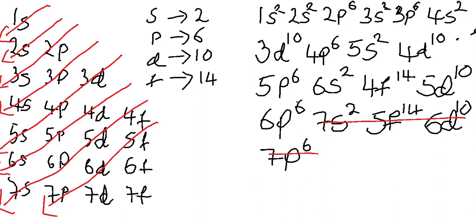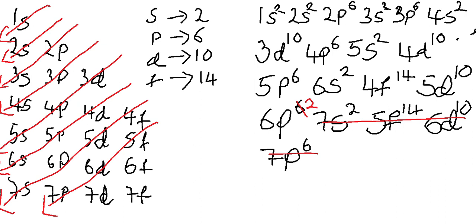And here, instead of having 6p6, which would give us 80 plus 6, 86, I would simply put 6p2, meaning 2 more electrons. So it is very easy to write the electron configurations of any atom.